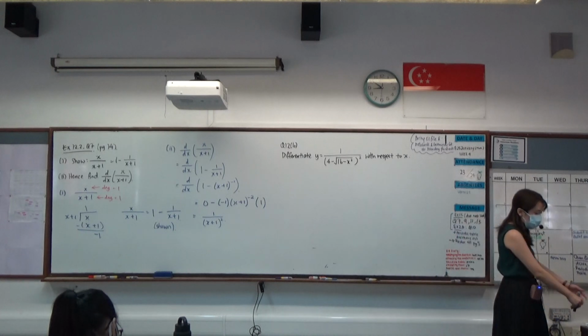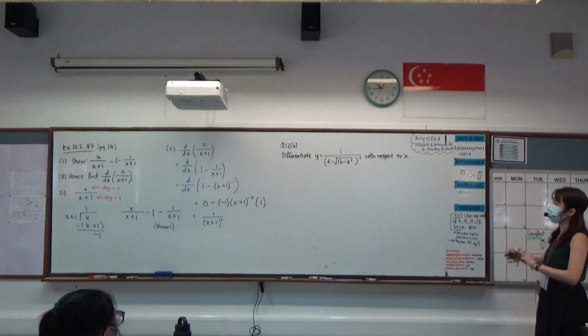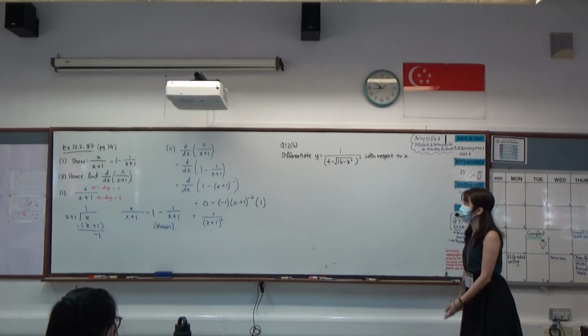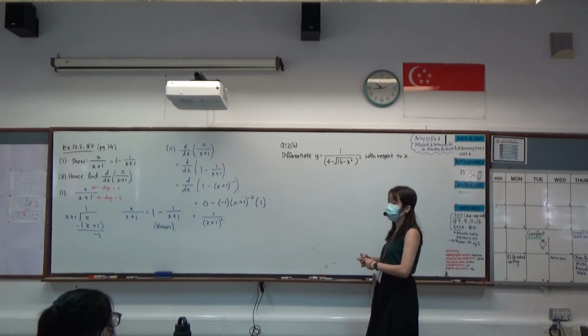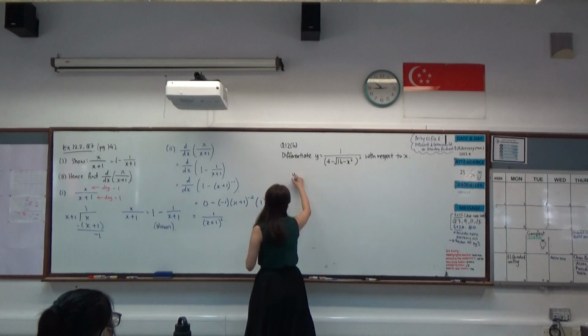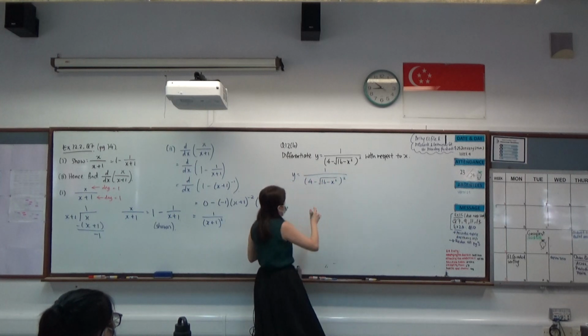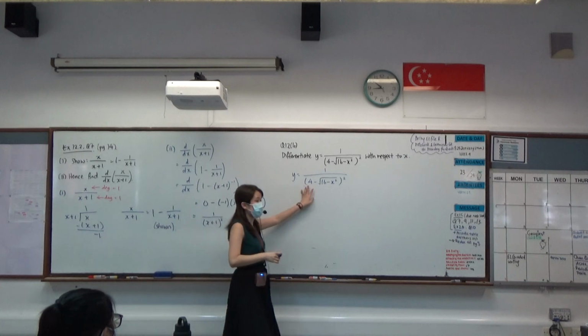Next one, we want to differentiate 1 over (4 minus square root of 16 minus x squared), then bracket squared, with respect to x. How would you go about doing it if we were to have this? What will you do first? Yes, Joseph? Expand the bottom.